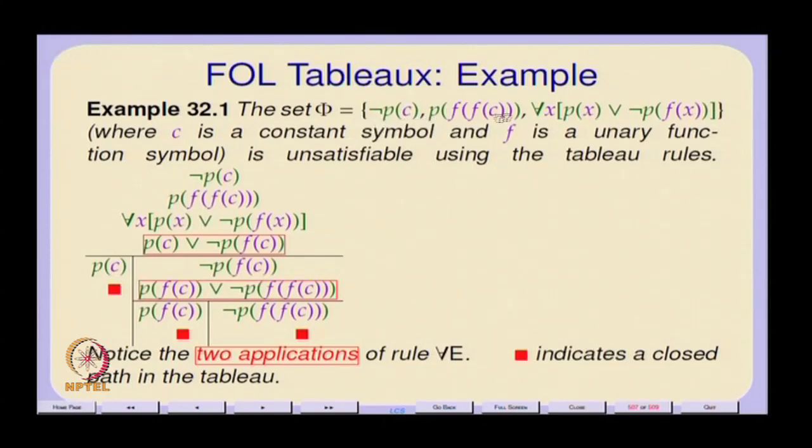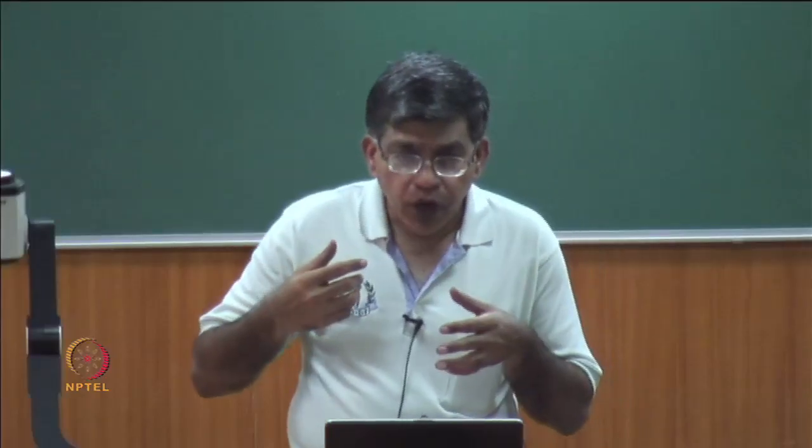Supposing instead of not P of C, I had just P of C, right? Then what would happen is, this universal quantifier would essentially give you all, I mean, there would be an infinite path in the tableau that would not close, okay.